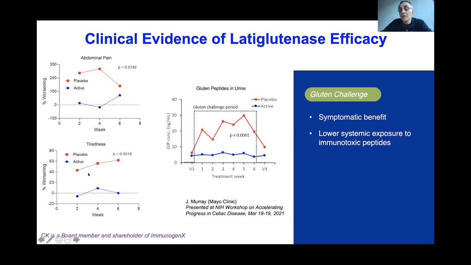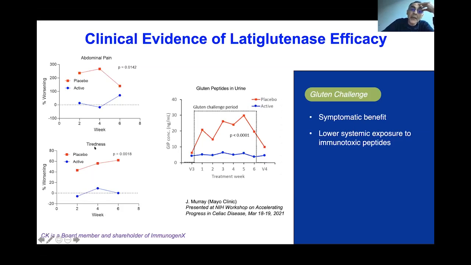So a patient-reported outcome tool was developed. Since there's never been a drug developed for celiac disease, one had to essentially develop a tool to measure drug efficacy from scratch. And so at the recommendation of the FDA, a tool was developed.